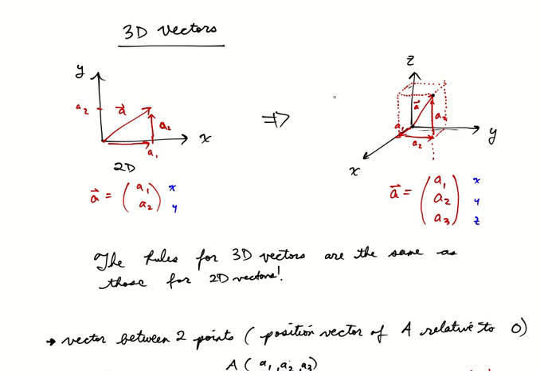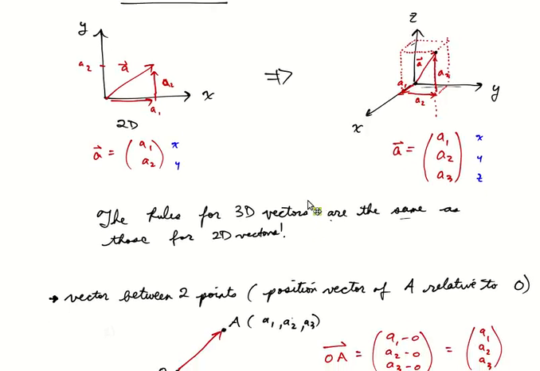We can move these anywhere we want in the space, but we cannot point them in another direction or stretch their length or shorten their length, or else we would have a different vector. Okay, so that's what a 3D vector would look like in component form. And the nice thing is that the rules for 3D vectors stay exactly the same as they would for 2D vectors. Okay, so let's look at what those rules are.